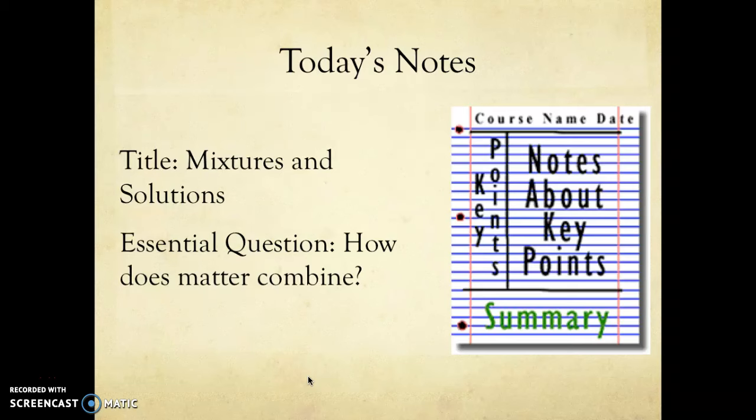As you already know, the larger column is where you write your notes, draw any diagrams, anything like that. And the smaller column is where you put key points, key terms, questions, things like that. At the very end of all of the notes, you will have a summary, which we'll talk about when we get to it.